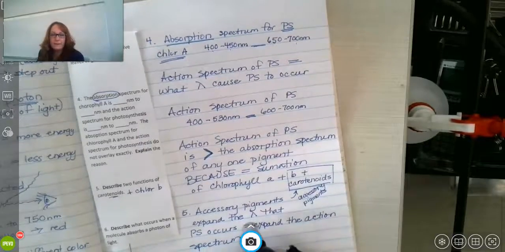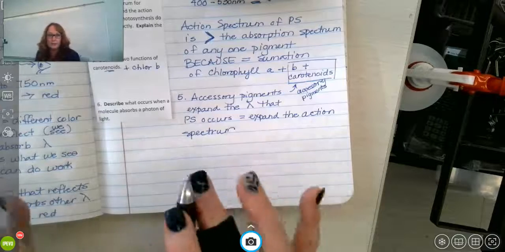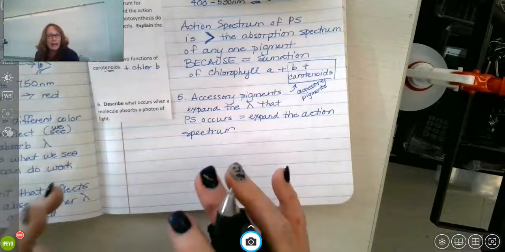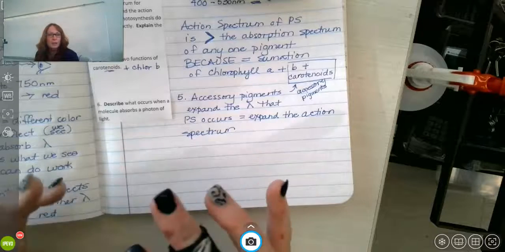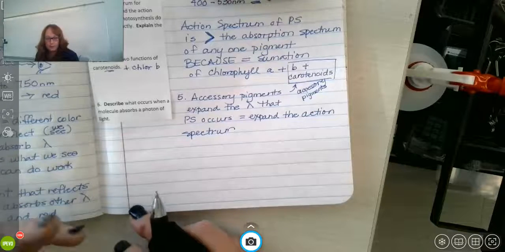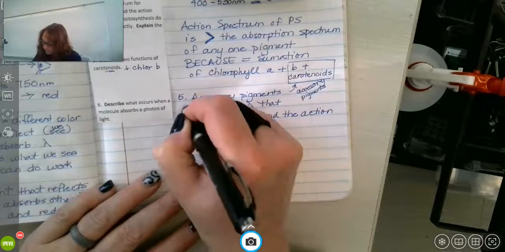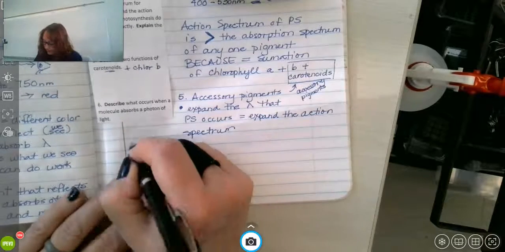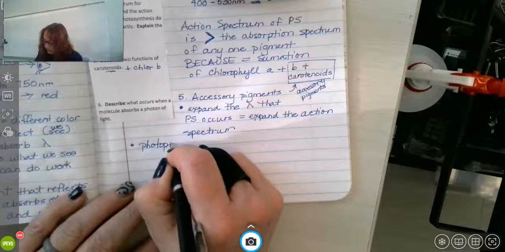The other thing that they do is they have this protective ability, so that light isn't just energy hitting these molecules. If they absorb it and use it to do work, they're doing good with it. So they're going to expand that, and then they're also going to be what's called photoprotective.